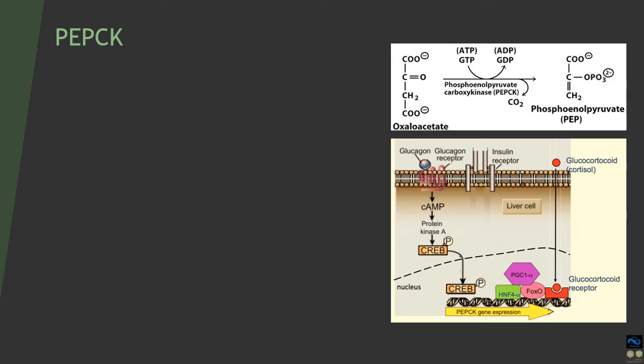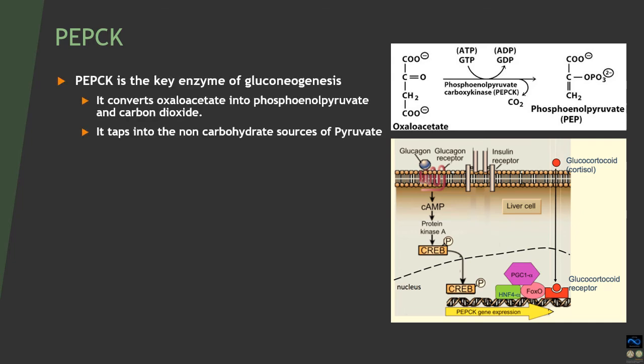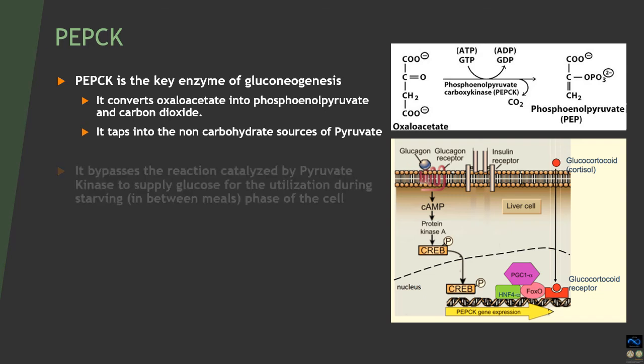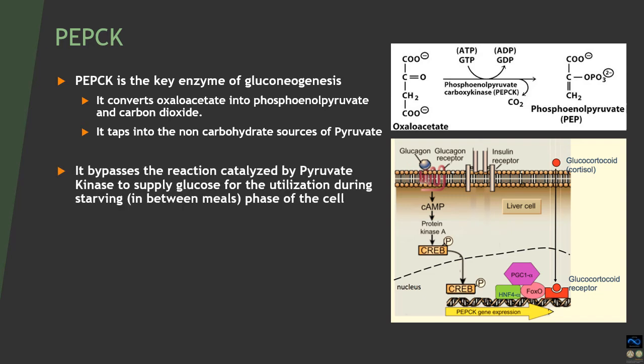Phosphoenolpyruvate carboxykinase is an important and key enzyme of the gluconeogenic pathway, because it converts oxaloacetate into phosphoenolpyruvate and carbon dioxide. As you can see on the right hand side of the picture, it utilizes a GTP moiety for the conversion, and this is important because it helps in bypassing the important reaction catalyzed by pyruvate kinase.